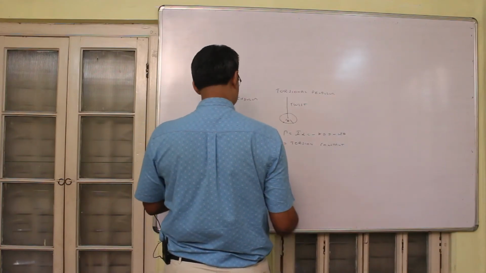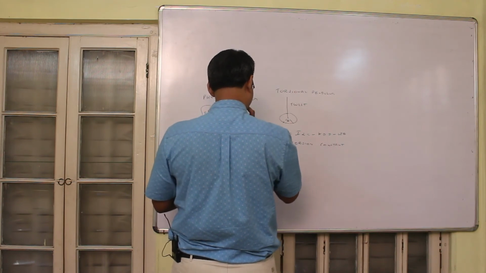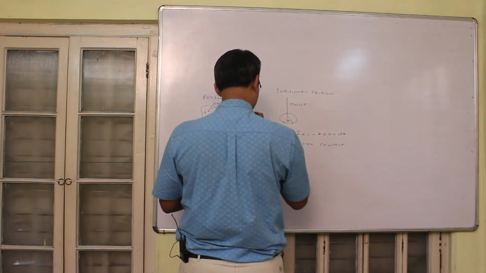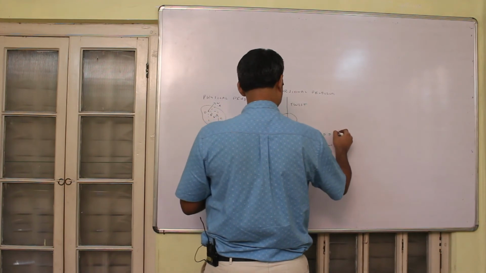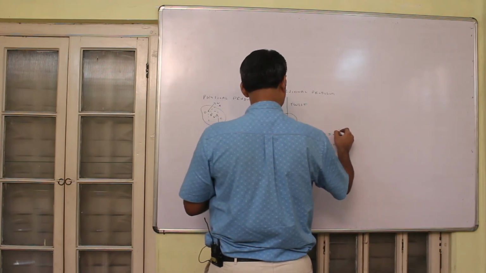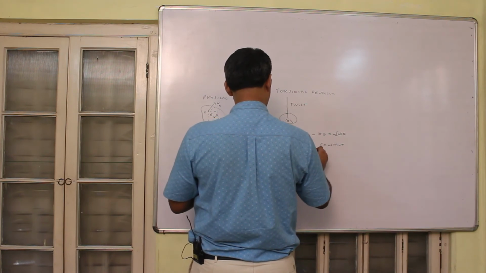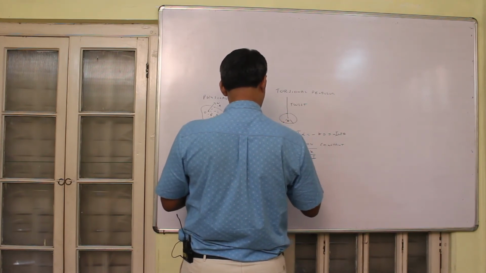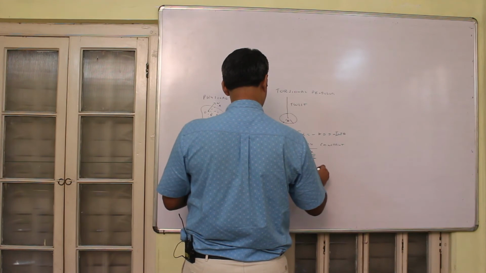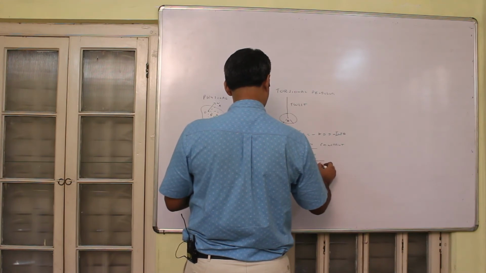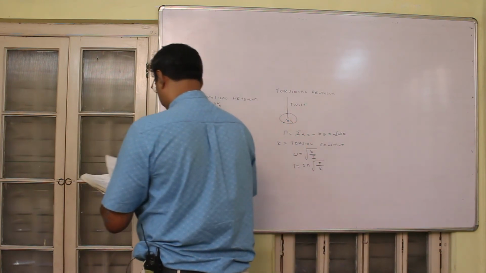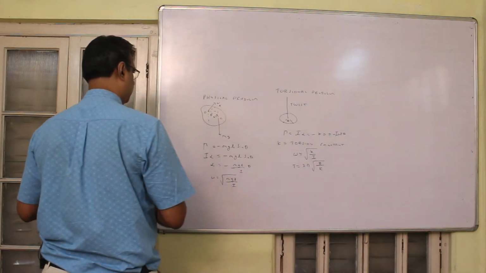So this is the expression which we are getting. So omega is coming root over k by I. So time period is coming 2 pi root over I by k.